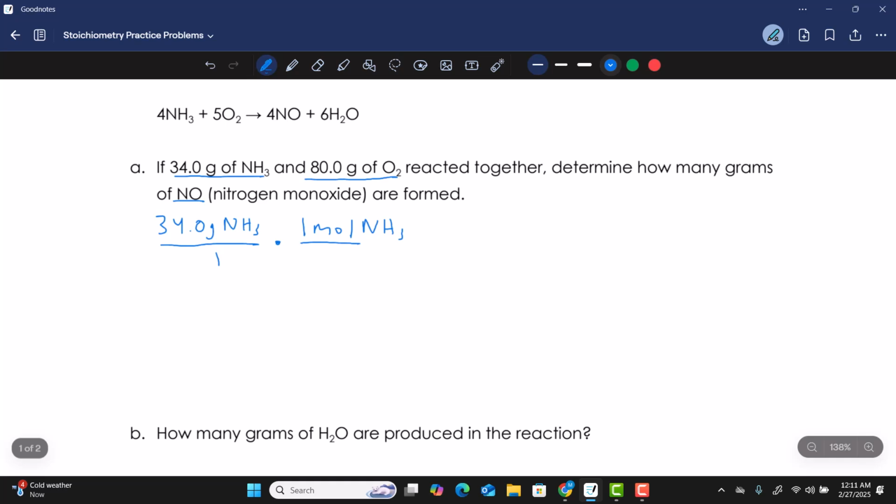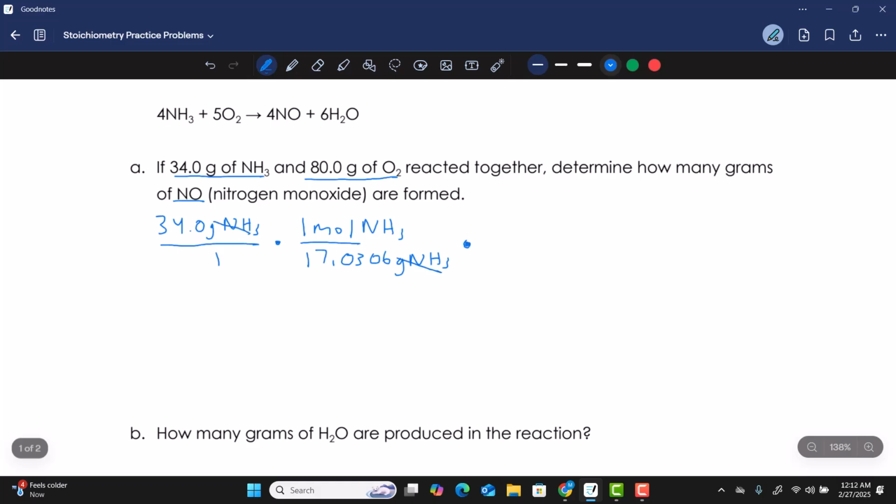So it would be N, which is 14.00674 plus 3 times 1.00794. And we get 17.0306 grams of NH3. So we have grams on the top of NH3 and grams of NH3 on the bottom, so that means that they can cancel.